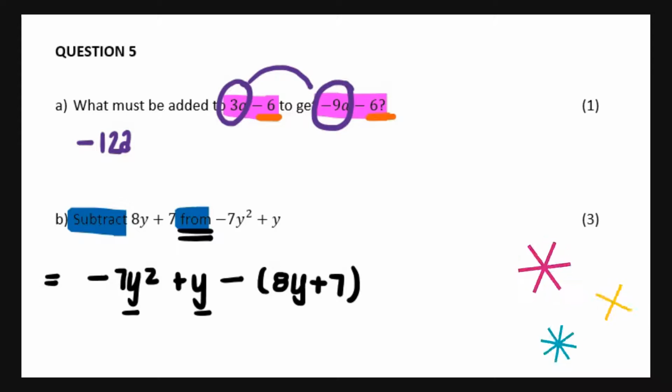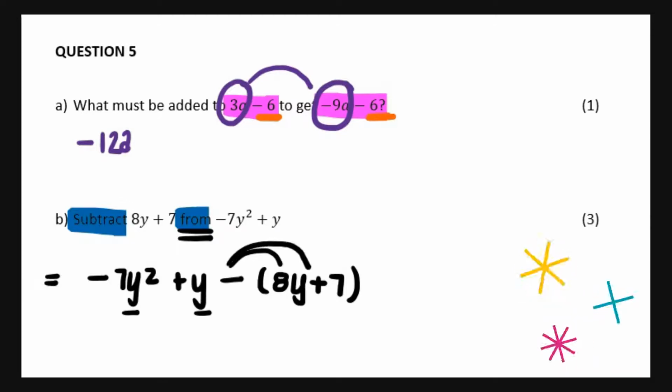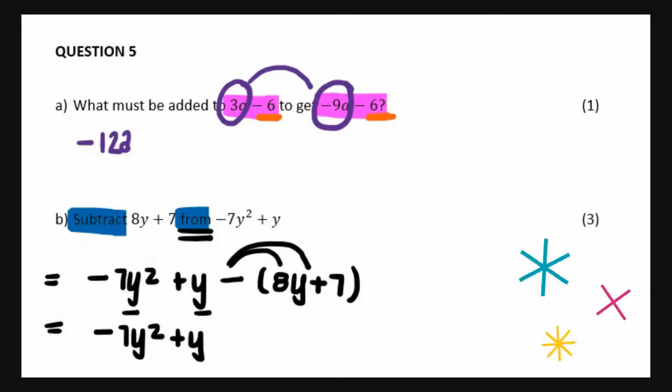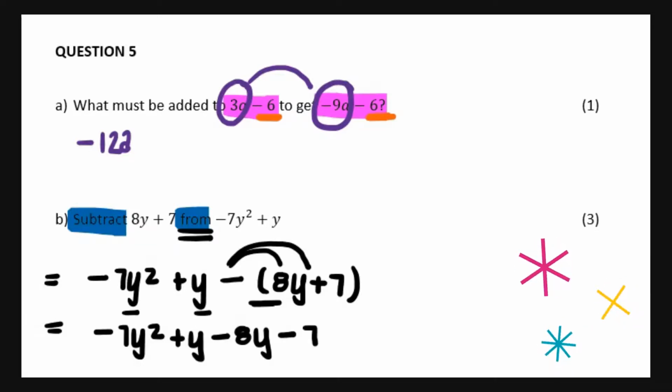So the first thing we are going to do is distribute the negative sign into this bracket. If we rewrite now, we would have negative 7y squared plus y. A negative multiplied by a positive 8y would result in a negative 8y, and once again, a negative multiplied by a positive 7 would give us negative 7.